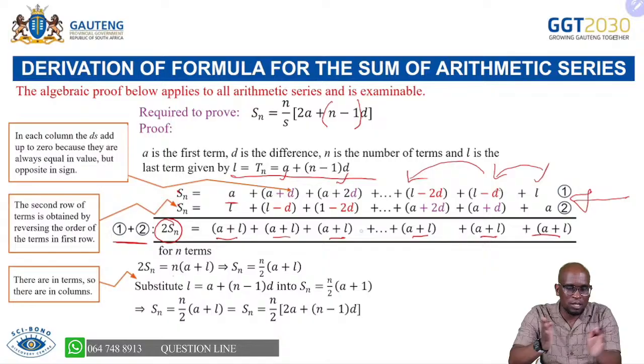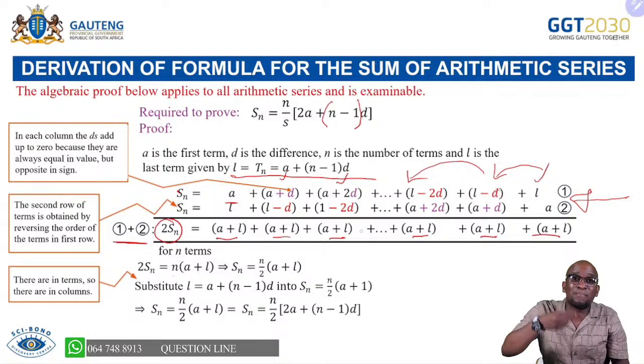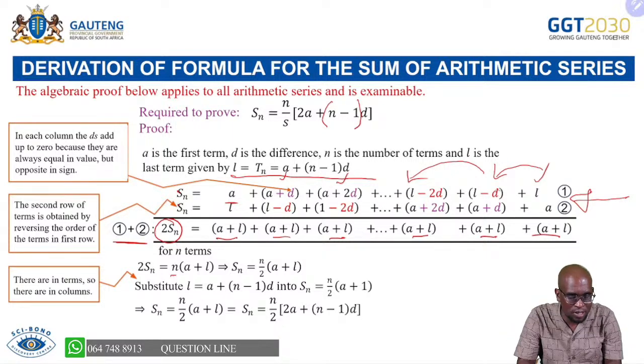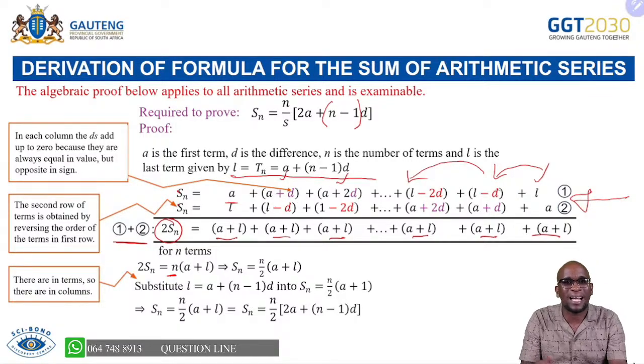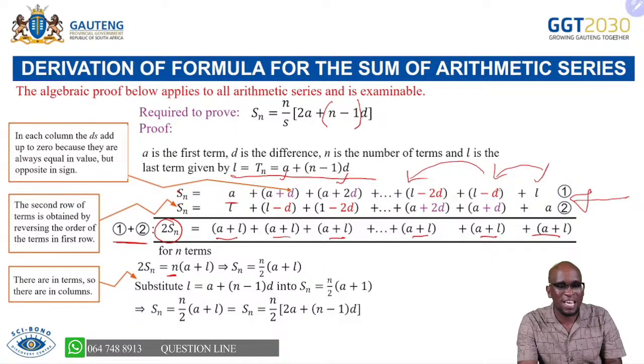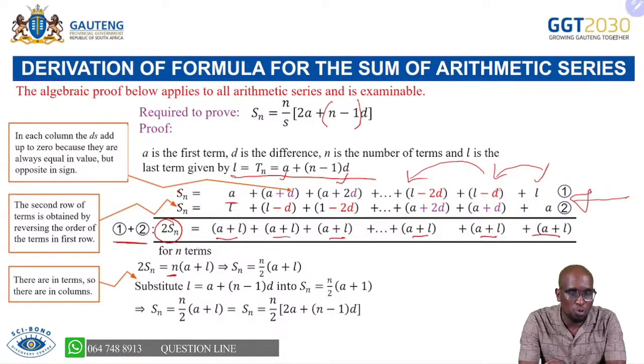We are adding a plus L many times. We are saying we are adding them n times because we don't know how many terms we have, but we know we will be adding them as a multiple of the number of terms. So if the number of terms is n, then that is the multiple of a plus L. So we have a plus L into n.